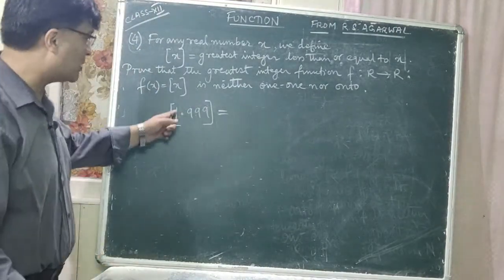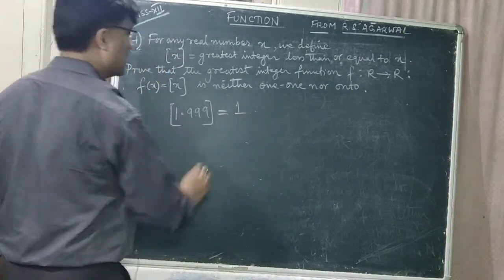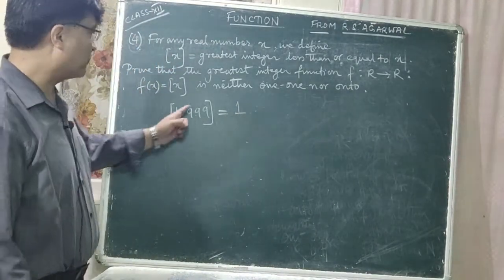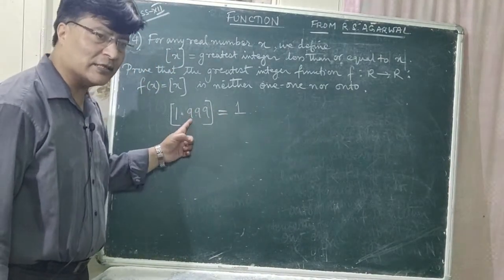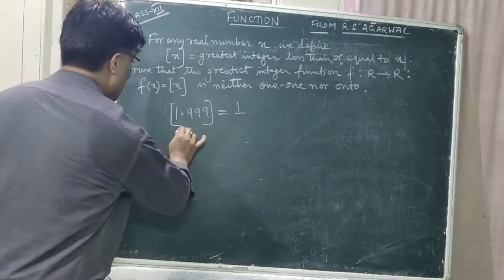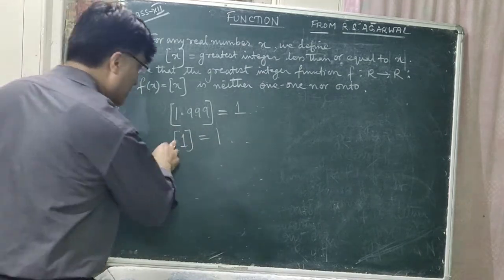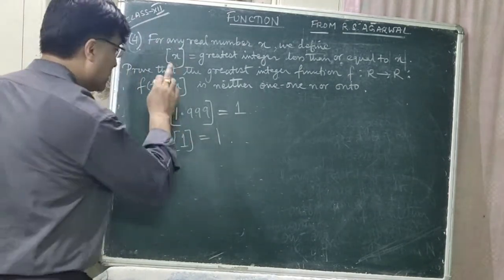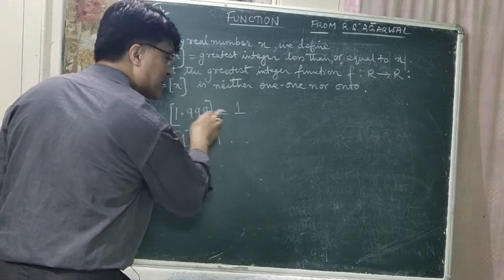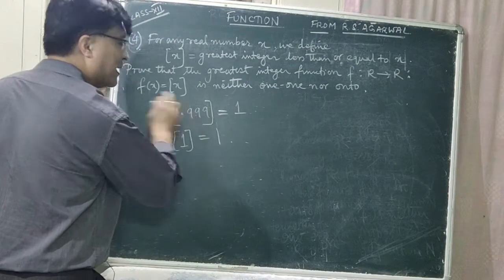No, 2 is more than 1.999, but 1 is less than 1.999. So 1 is the greatest integer which is less than 1.999. Okay, if you have 1, you may write 1. 1 is equal to 1, you may write it. 1.999 is greater than 1, but this 1 is less than 1.999.